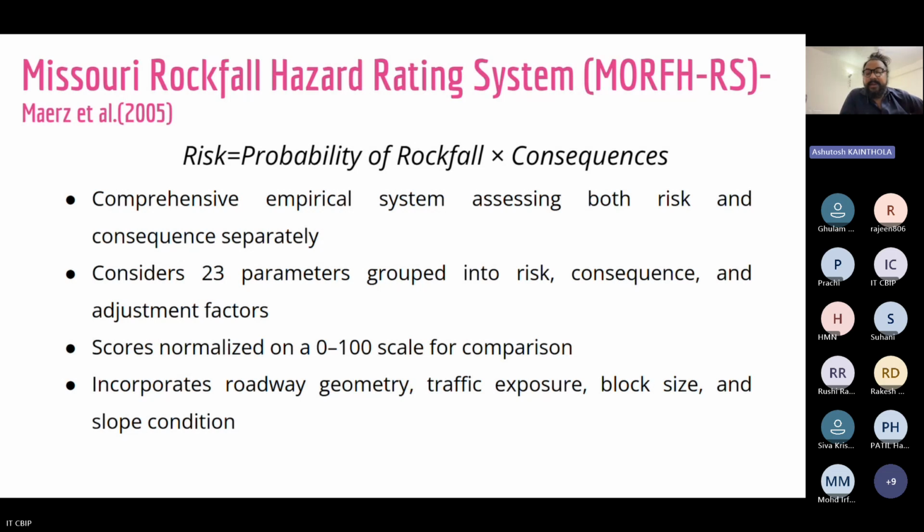It has 23 parameters, and they were comprehensively noted in the field. The scale goes from 0 to 100, contrary to the previous RHRS, Rockfall Hazard Rating System scheme, which can go beyond 700 as well. Next slide, please.